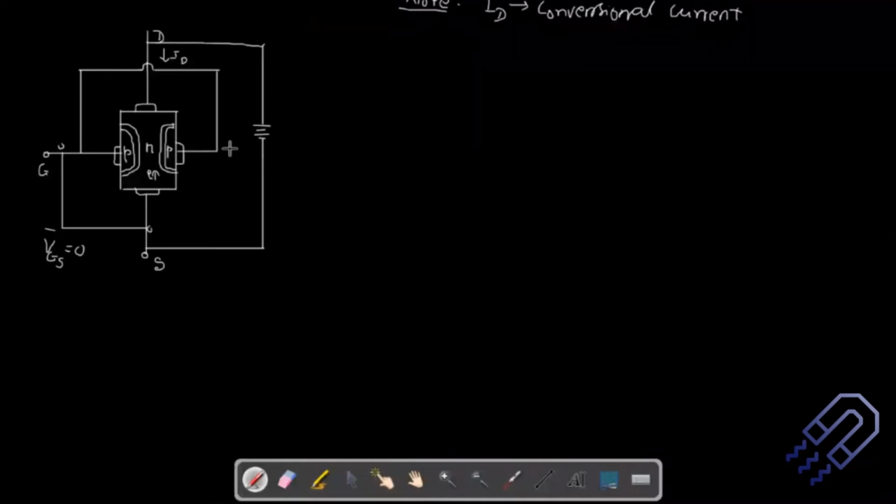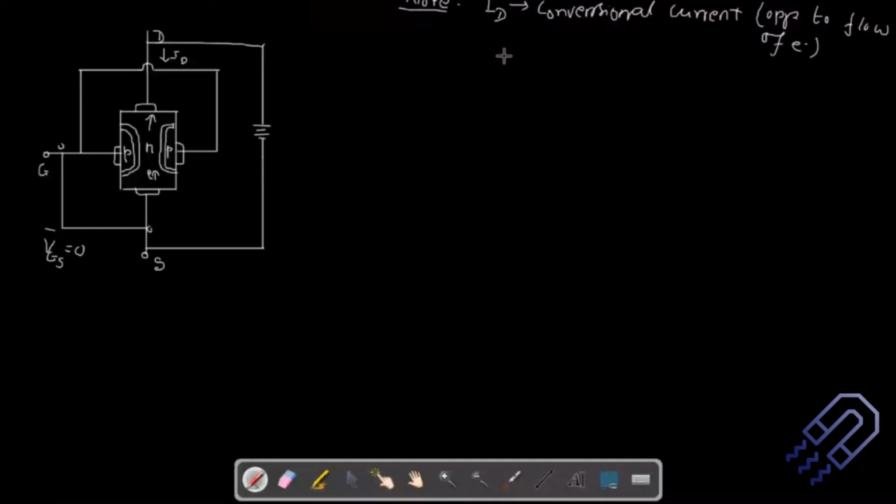I hope all of you know there is a difference between the electronic current or the conduction current and the conventional current. The conventional current will flow in this direction, the electrons will flow in this direction. Current will always flow in a direction opposite to the flow of electrons. I think this is something which you have studied in the lower classes. So please note this before we go into the next part.